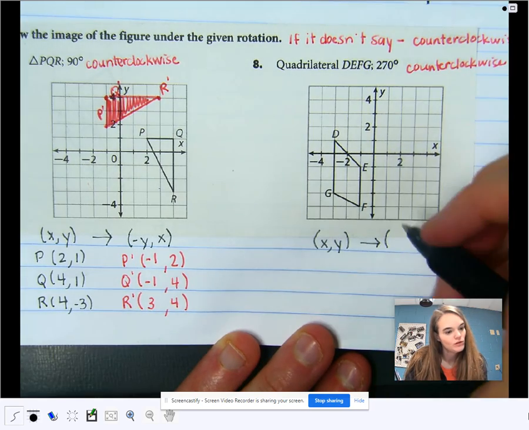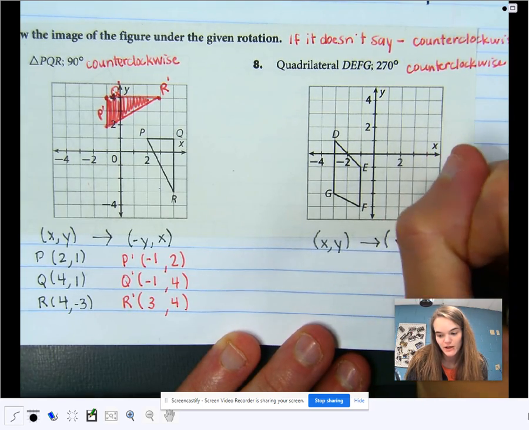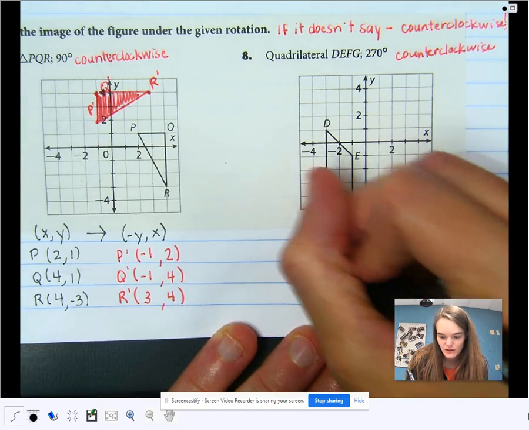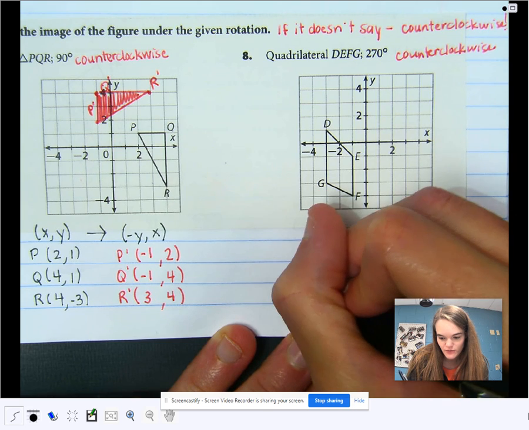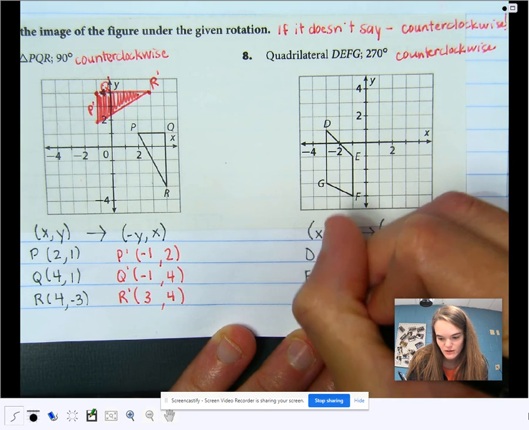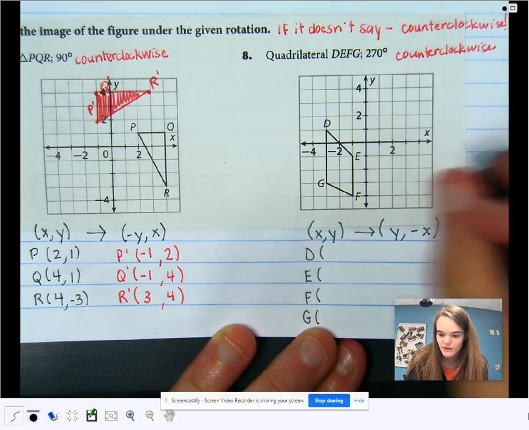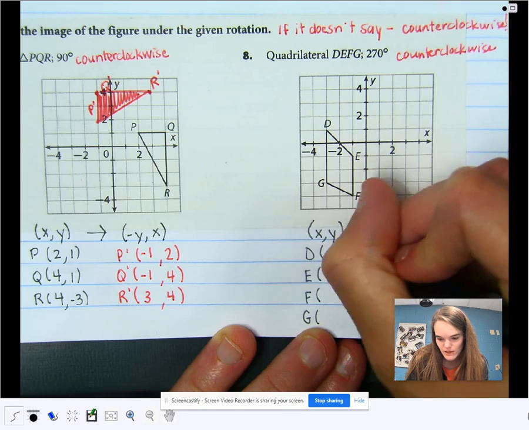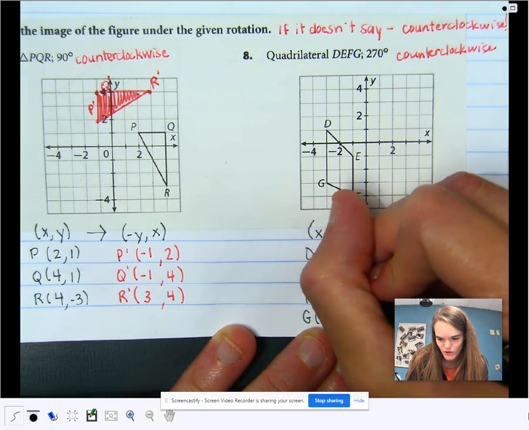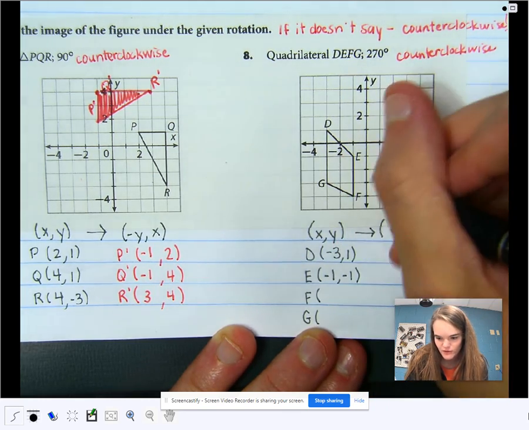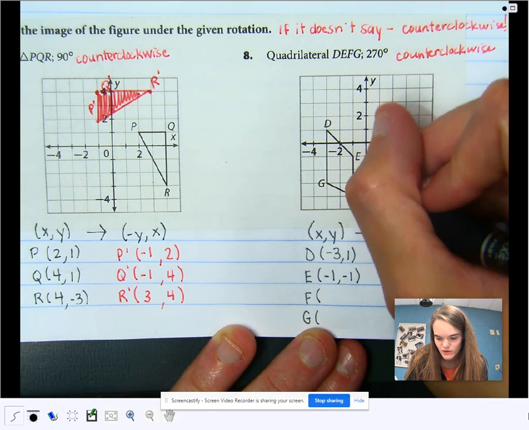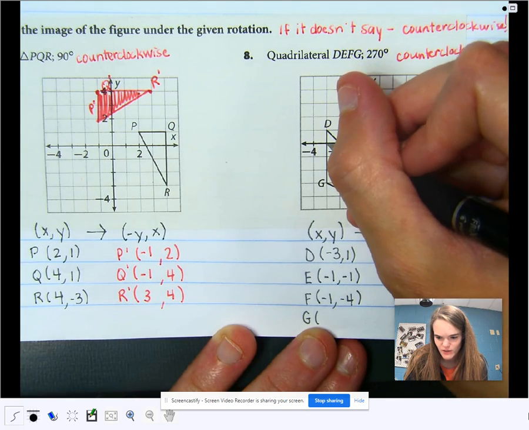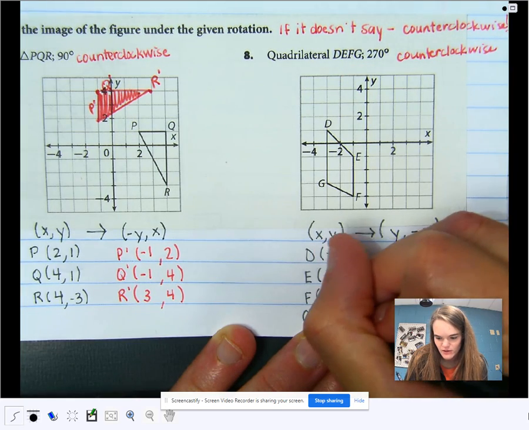I'm going to use the rule Y, comma, negative X. D, E, F, G. D, negative 3, 1. E, negative 1, negative 1. F, negative 1, negative 4. G, negative 3, negative 3.